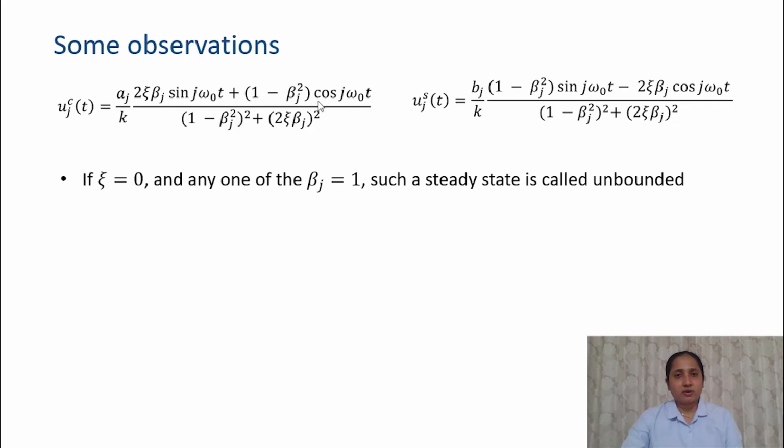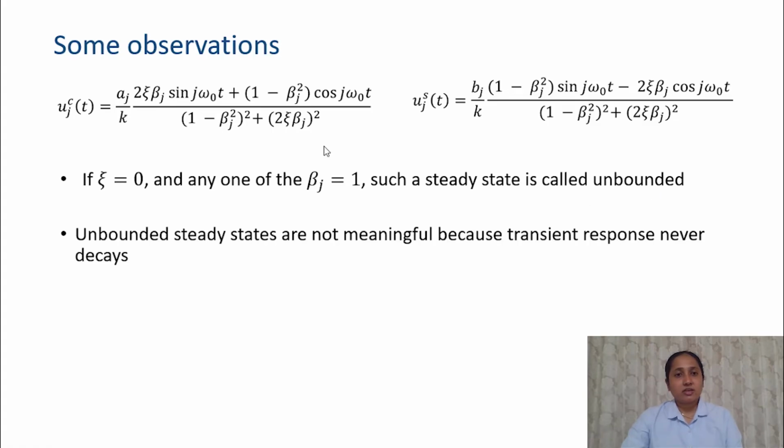So what does that mean? It means that in that condition, the steady state is unbounded. We have seen unbounded steady state in the case of undamped resonance condition. That means the steady state response was increasing without any bound.